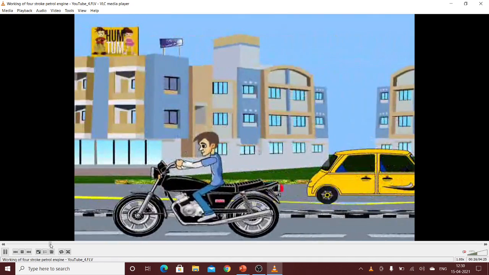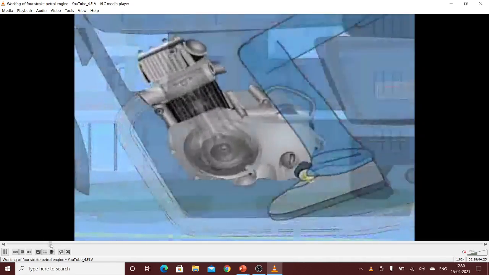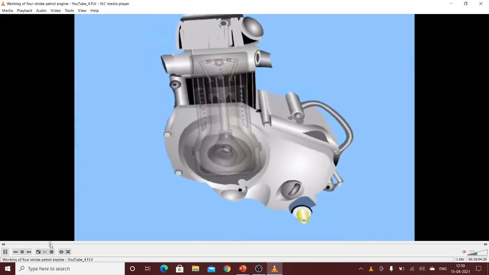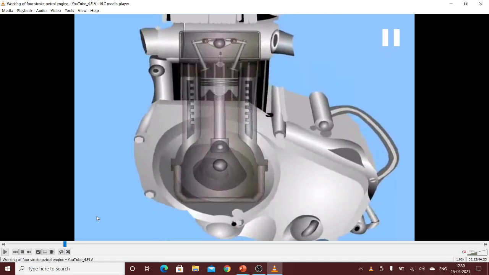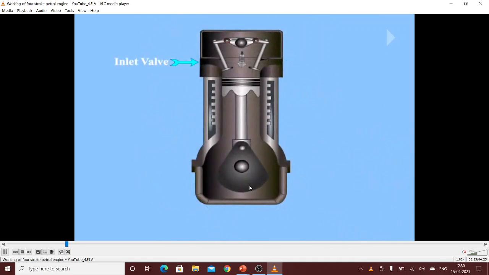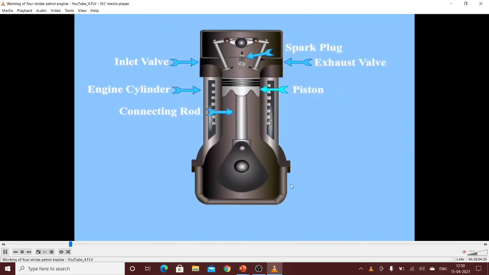Here the engine is mounted, and different parts are labelled: the inlet valve, exhaust valve, and spark plug. So it is called an SI engine. This is the cylinder portion, piston, connecting rod and crank.